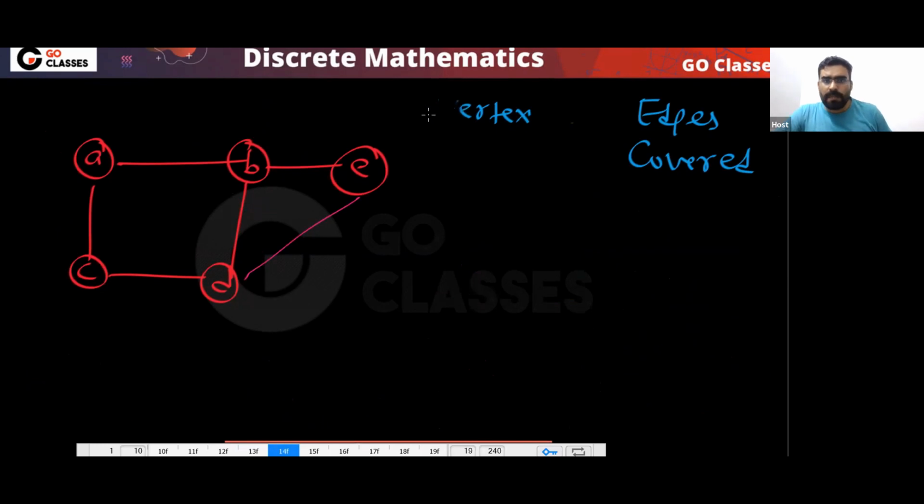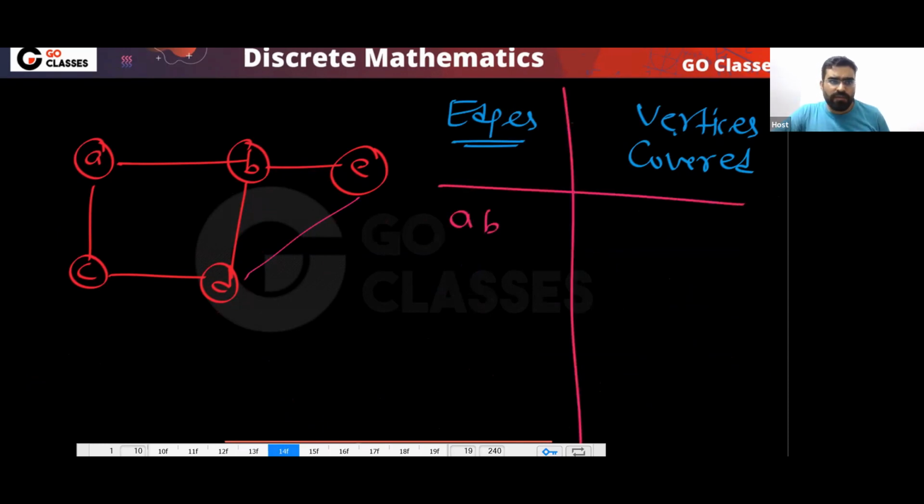Now let's see the same thing, but if I put the security guard on edges, which vertices are covered? For example, if I put a security guard on the AB edge, which vertices will be covered?